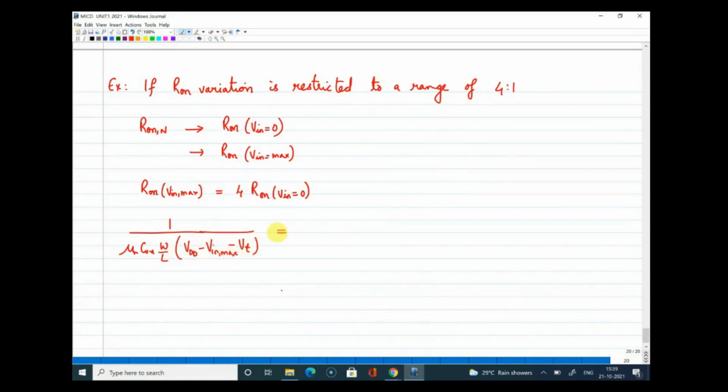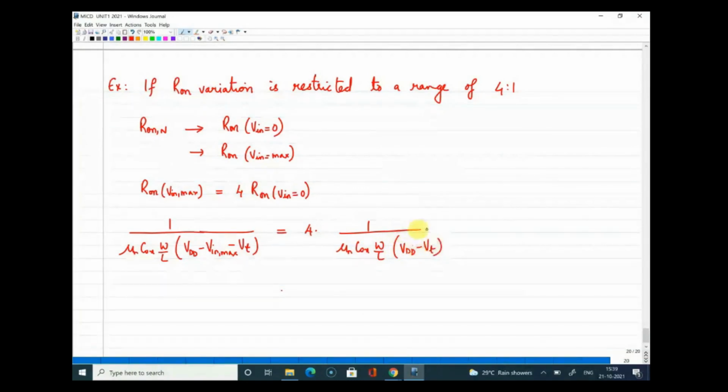Now I am restricting that to 4 times of R on. What is the on resistance when V in is equal to 0? It is equal to 1 by mu n Cox W by L into VDD minus Vt. This is my on resistance because I just substituted V in is equal to 0, right?